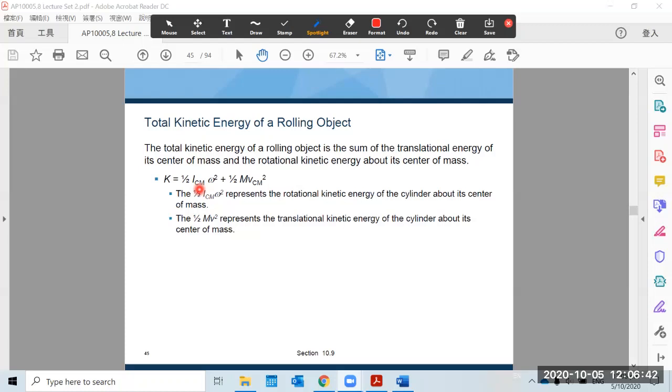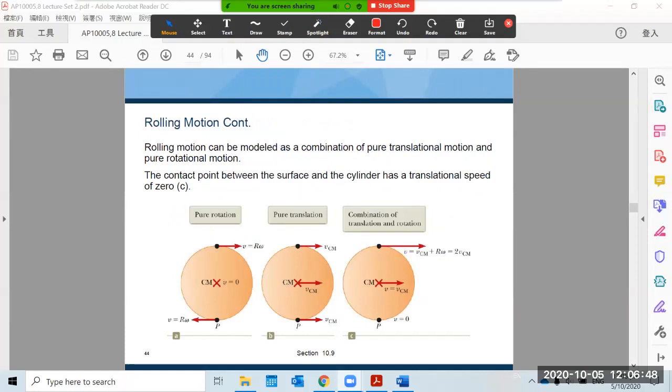Yes, some student asked at the bottom point P, the velocity is 0. It is exactly because the linear motion velocity cancels the rotational motion velocity. So they are offset one another.